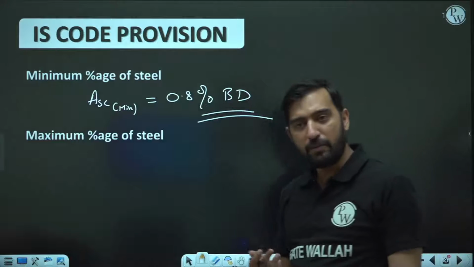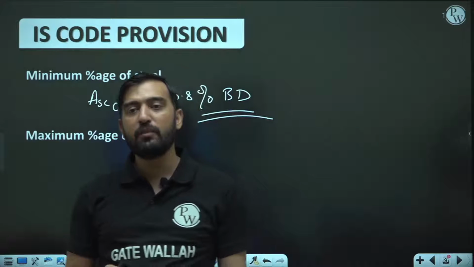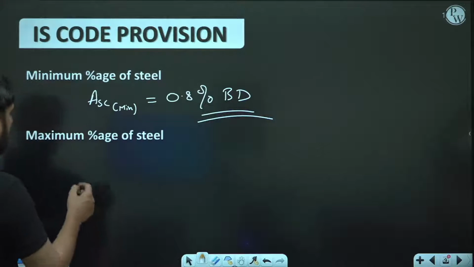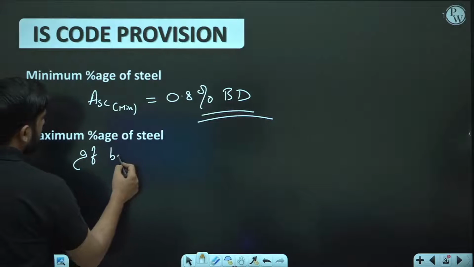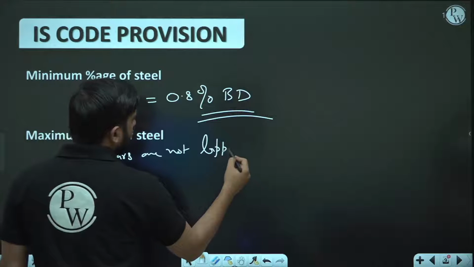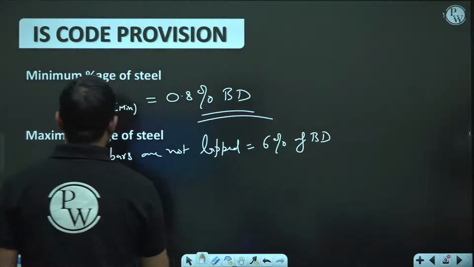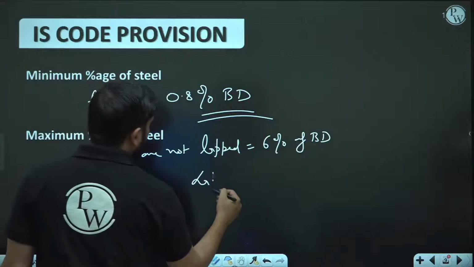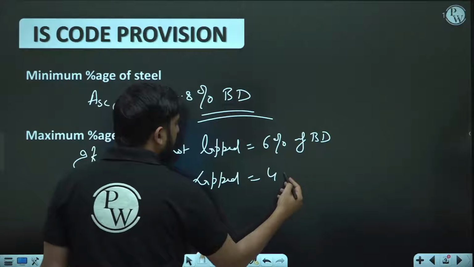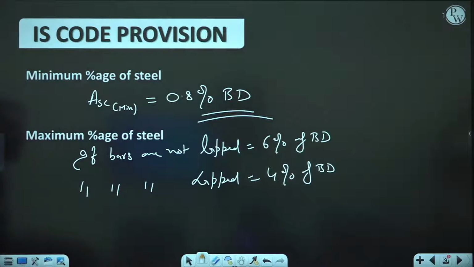Because the net steel would be more if bars are lapped, if bars are not lapped the maximum is 6% of the total cross section, and if bars are lapped, then we need to give 4% of the cross section.